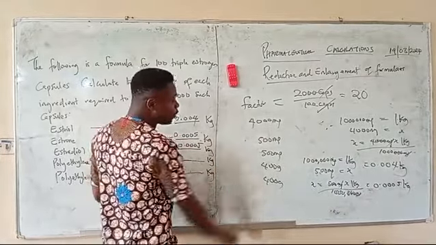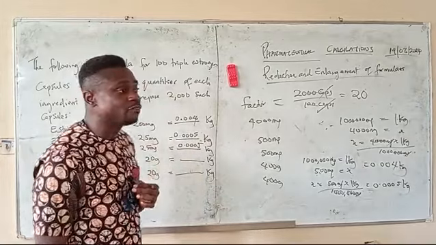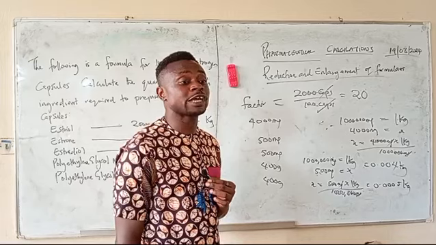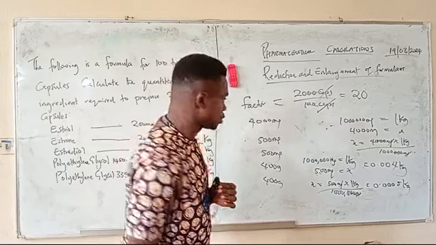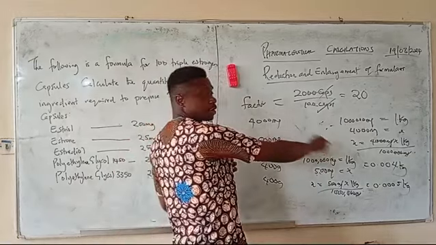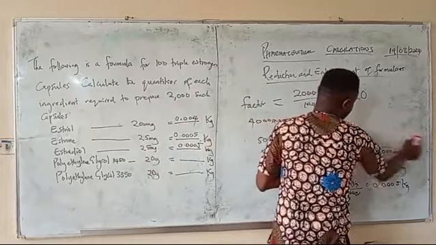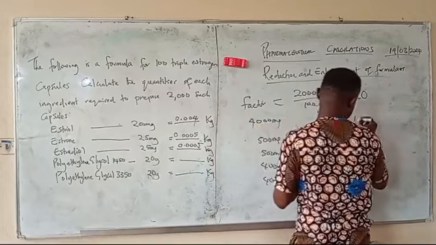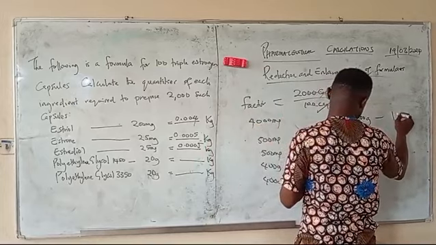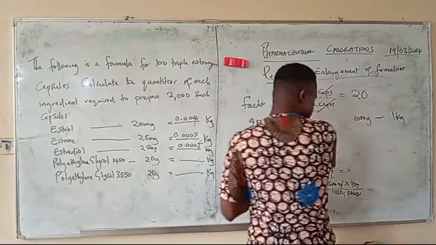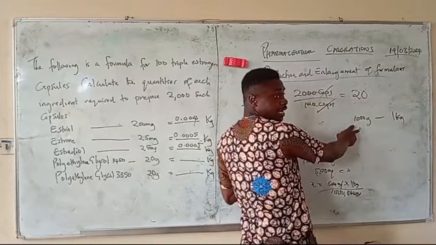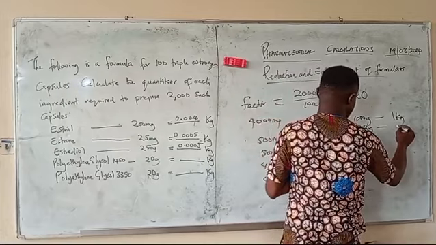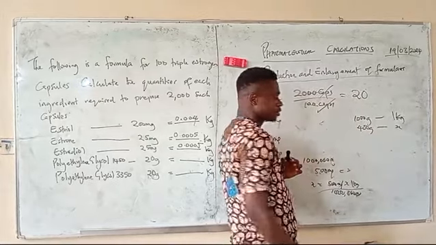So let's start with 400 gram. Let's convert 400 gram to kilogram. How many gram make 1 kilogram? If 1,000 gram is 1 kilogram, 400 gram is how many kilogram? It's X, right?